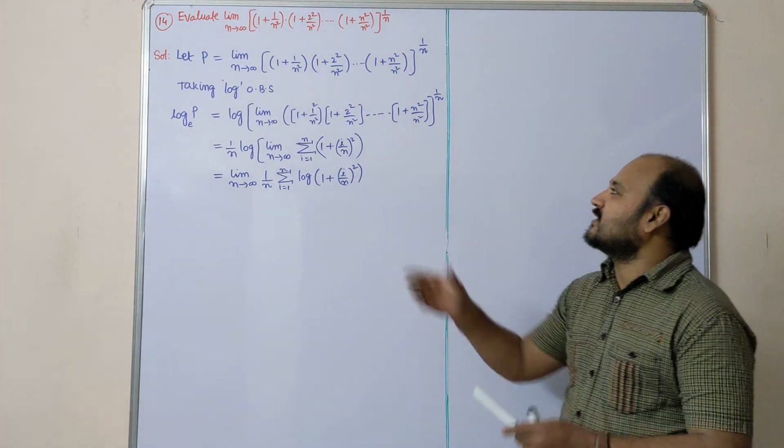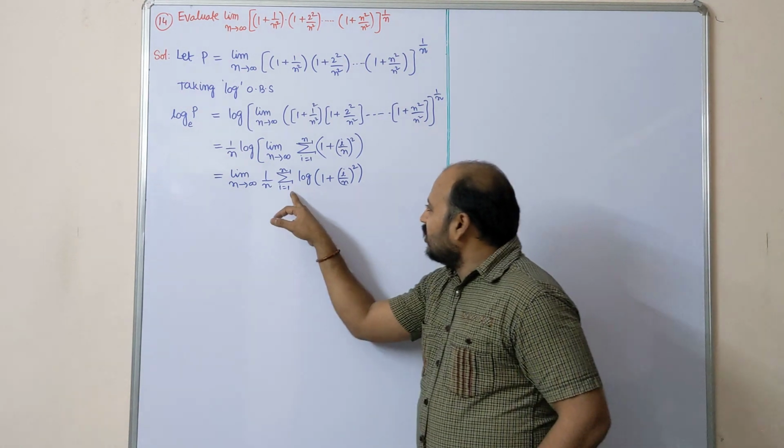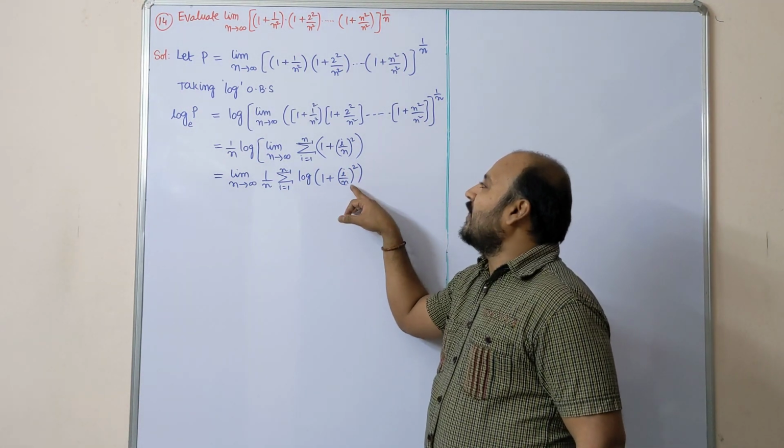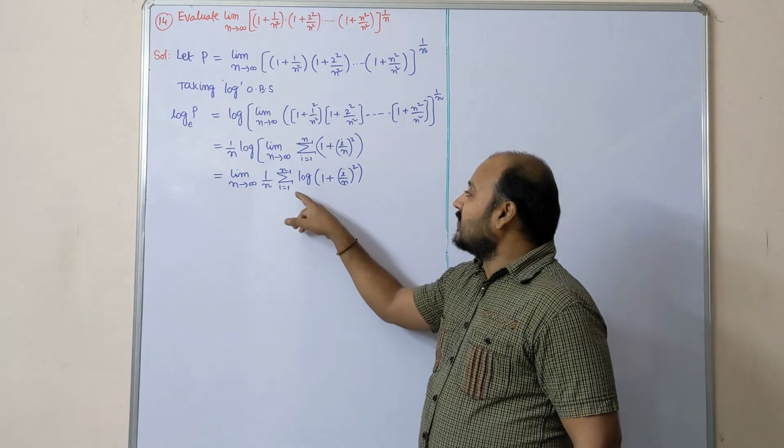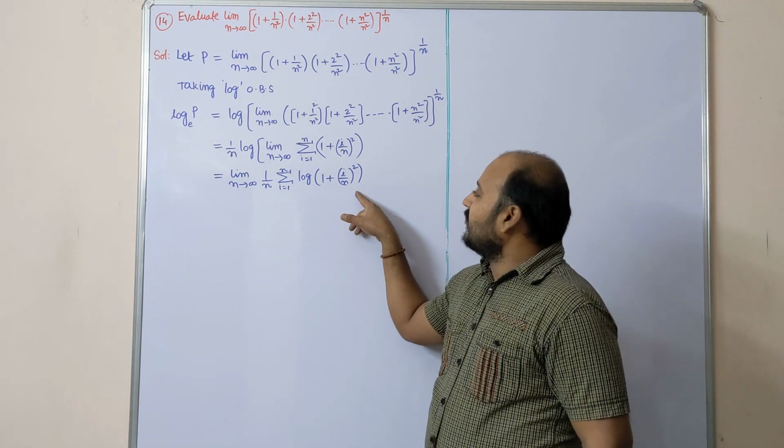Sir, how is it correct, sir? i is equal to 1, substitute 1 by n, 1 square by n square. So log of, next i is equal to 2.